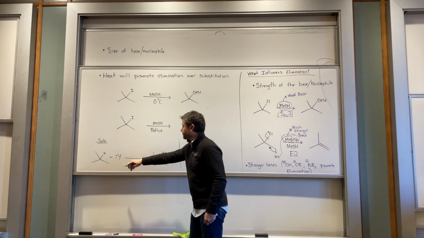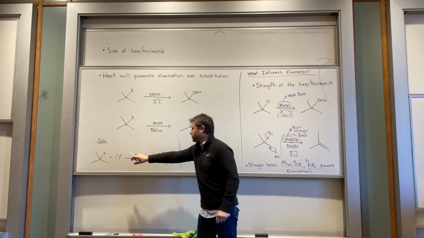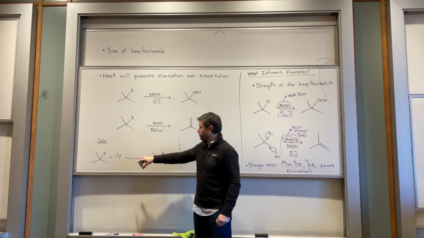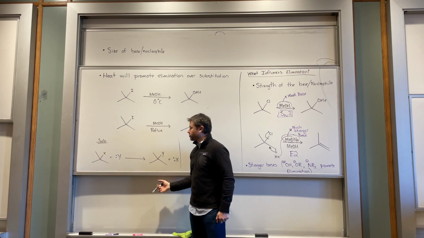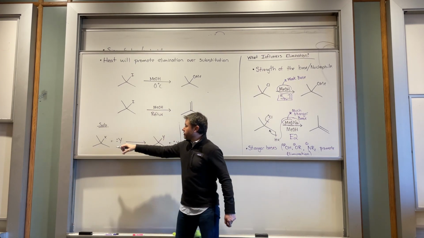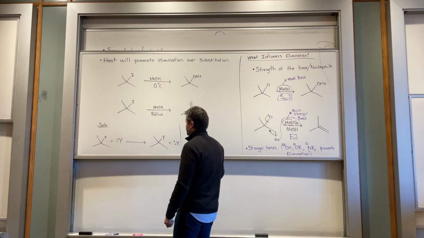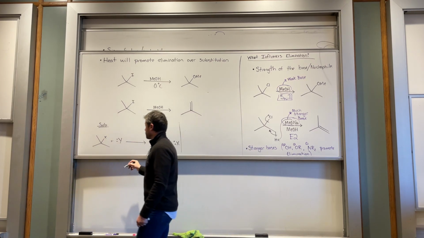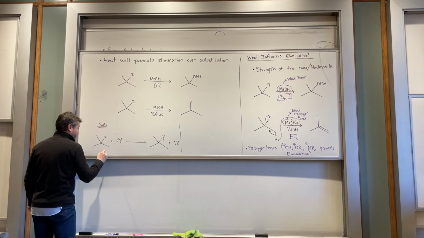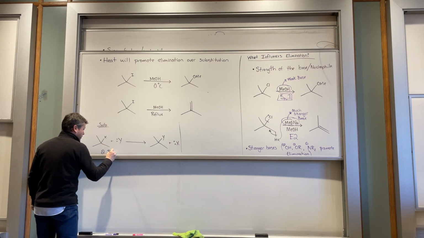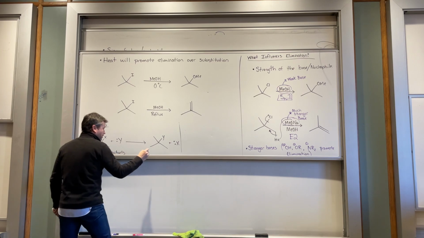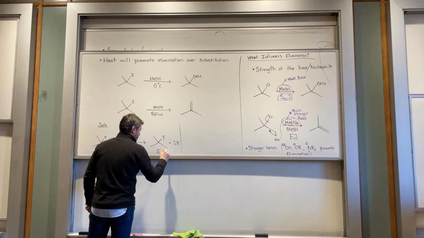To prove this point, we're going to draw a simple reaction, showing X as the leaving group and Y as the nucleophile or the base. So for substitution, you can see we're starting with two starting materials and we're making two products.